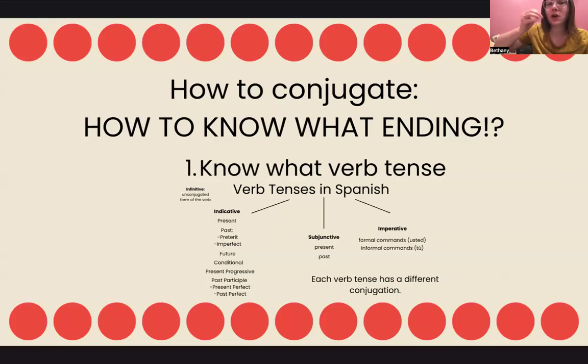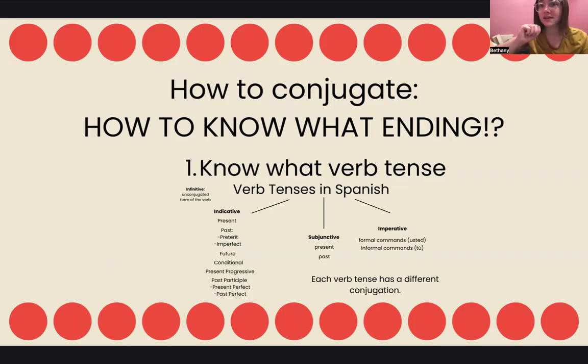So, how to know what ending to use? Well, you have to go back to what tense you want to speak in. Did it happen now in the present? Is it currently happening in the present progressive? Will it happen in the future? Did it happen in the past and it's completed? Or is it still an ongoing action in the past? Or is it subjunctive? And the subjunctive, which I think I forgot to say a little bit earlier, expresses doubts, feelings and things like that.